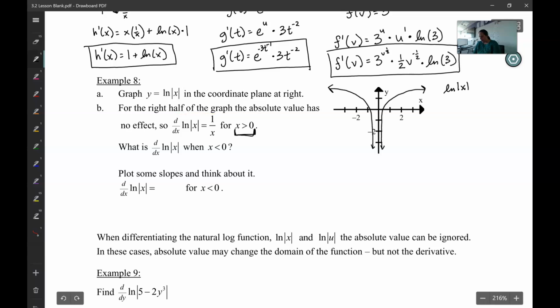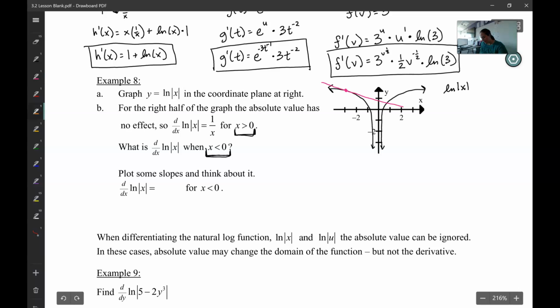But now we want to look at the left-hand side. What is the derivative of ln of absolute value of x when x is less than 0? Let's look at some slopes and think about it. So right here, I'm at -2. There's that slope.